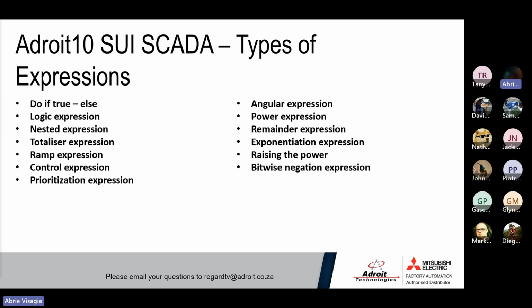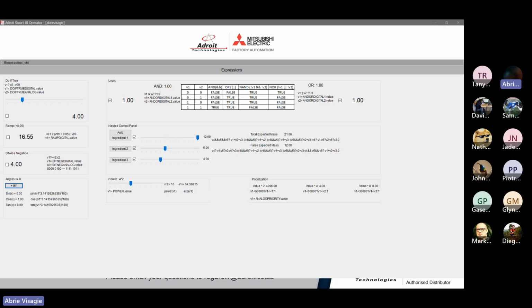We can have ramp expressions, control expressions, and prioritization expressions. We also have angular expressions, power expressions, remainder, exponentiation, raising to the powers, and bitwise negation. Now, to showcase this, we have a little graphic form over here that we set up to show you exactly what we have and how we set it up.